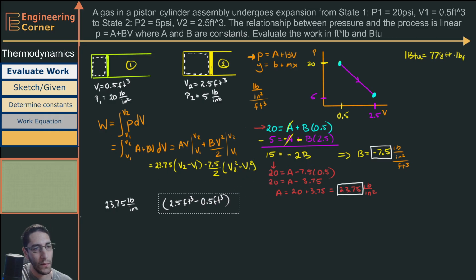And to do that, well, we have square inches. So we're going to say 144 square inches is equal to 1 square foot. So that's the conversion. Okay, so that's this part of the equation. Now minus 3.75 times, well, what do we have here?